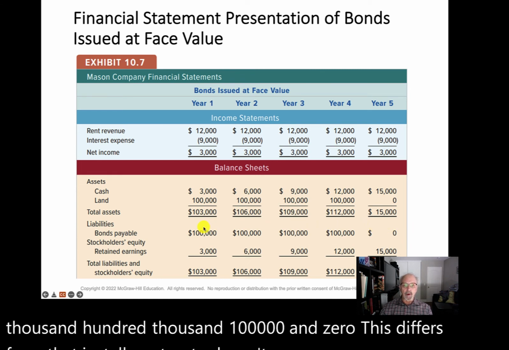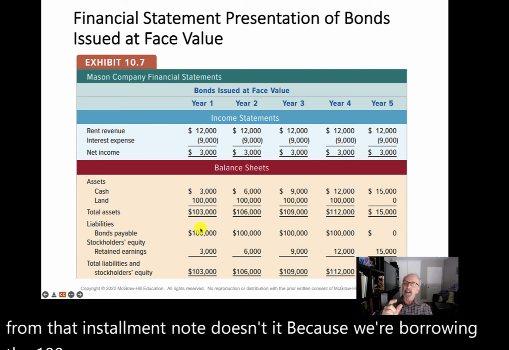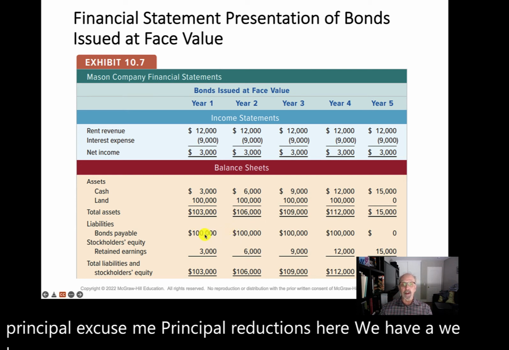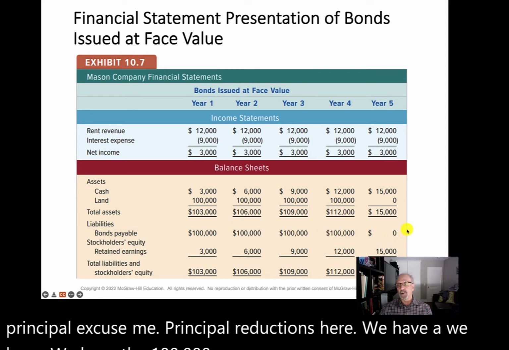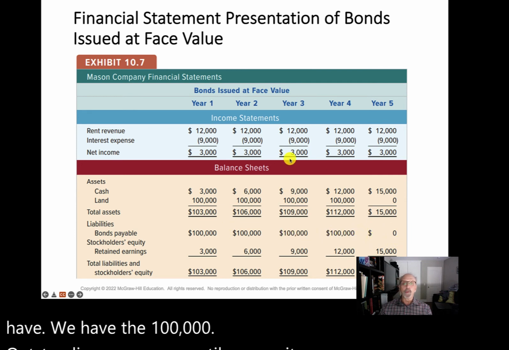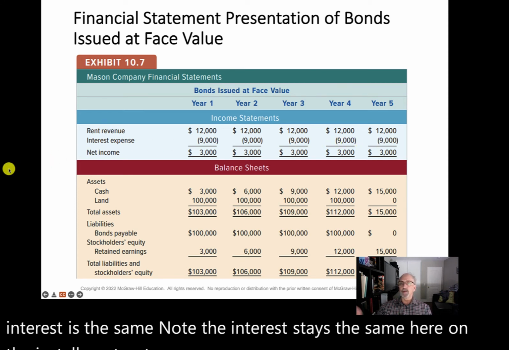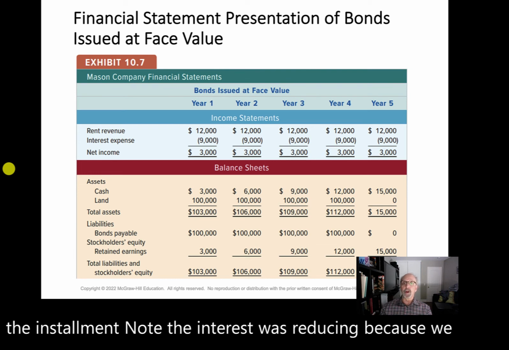Because we're borrowing the 100,000, but we're not making any principal reductions here. We have the 100,000 outstanding every year until we pay it back, which is why the interest is the same. Note the interest stays the same here. On the installment note, the interest was reducing because we were making principal reductions as well. Not so with bonds.